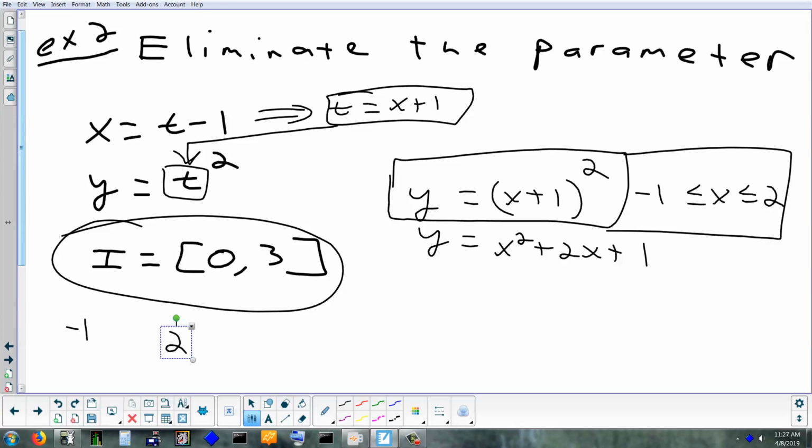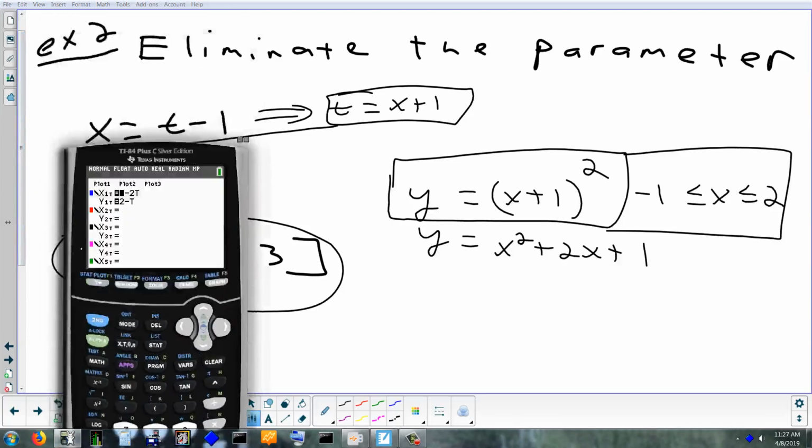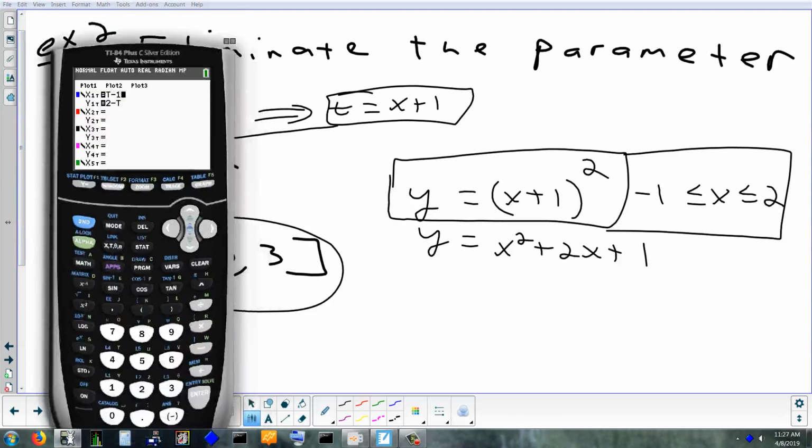Okay, let's see what it looks like. Now, I'm not going to sketch it as a function. I'm going to sketch it as the original problem. So I'm going to go back to parametric. And I'm going to put in t minus 1 and t squared.